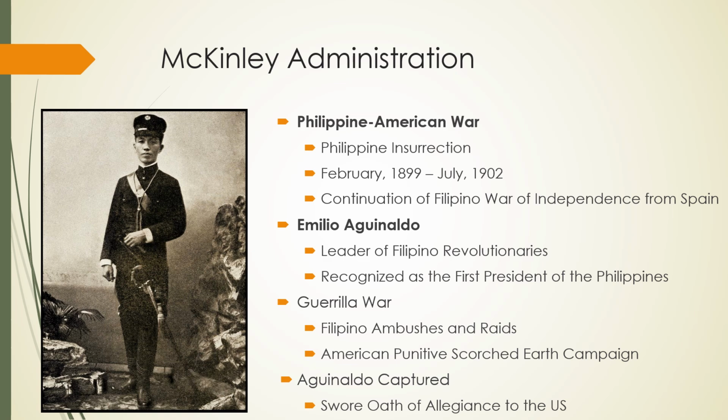Aguinaldo is going to get captured, and he will swear an oath of allegiance to the U.S. So today the Philippines are an independent nation, and they recognize Aguinaldo as their first president, but it didn't really work out that way like it did in American history with George Washington. This was a bloody war. It was a guerrilla war. There were a lot of ambushes and raids. The U.S. launched a scorched earth campaign. So it was total war in the Philippines.